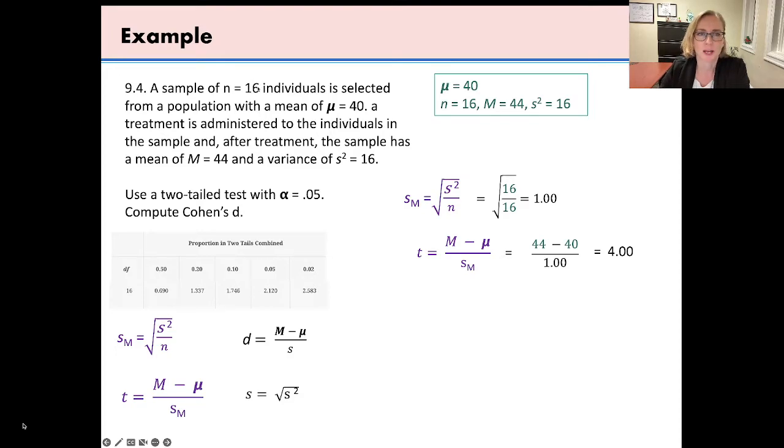Your n is 16, so your degrees of freedom should actually be 15, not 16, so I selected the wrong row here. But you can move over to two-tailed, 0.05. The t for degrees of freedom of 16 would be 2.12. If it's 15, it's going to be just a smidge higher than that. But you can see 4 is going to be significantly larger. So this is the critical t.